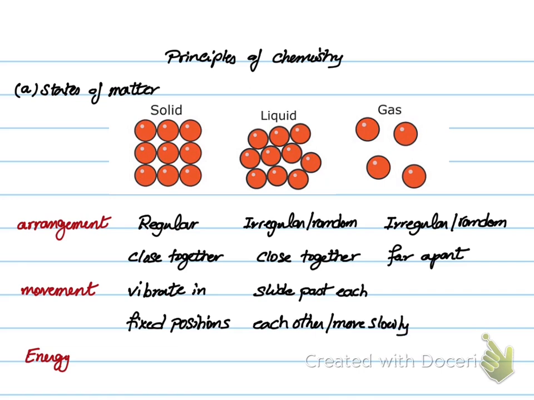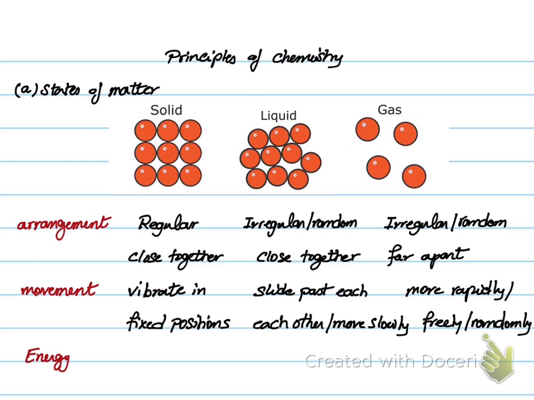For particles of gas, they move rapidly. You can say move randomly or freely. So particles of gas move faster than particles of liquid. Particles of solid only vibrate in fixed positions.